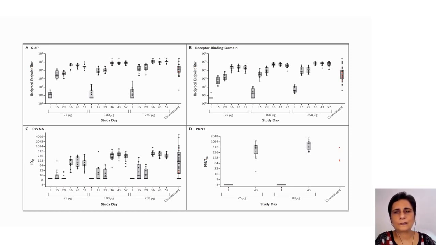Now, this was the immunogenicity data of the vaccine, and we now have data that shows us that this is a vaccine that is working very well to protect against disease and against severe disease. One of the first 2 vaccines to have their data available from their phase 3 efficacy trials.